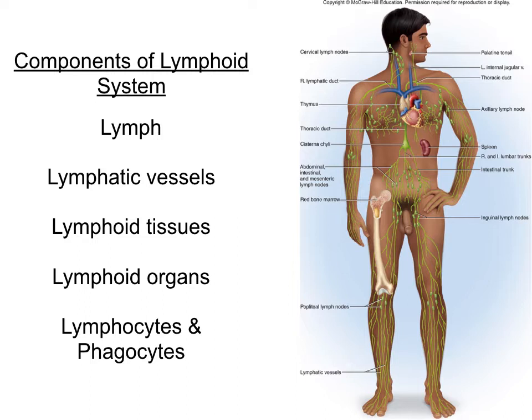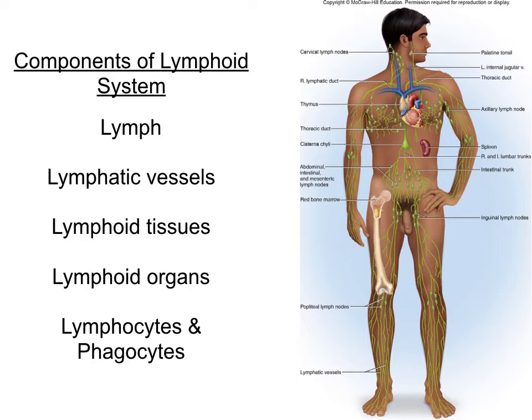You have lymphoid tissues. A lymphoid tissue is not surrounded by a connective tissue capsule, which is different from a lymphoid organ, which is surrounded by a connective tissue capsule. So lymphoid tissues and organs are only different by the nature of are they surrounded by a connective tissue capsule or not.